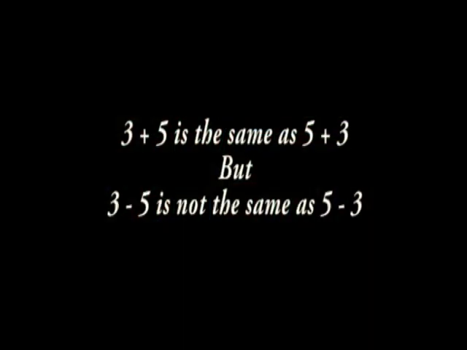We say that addition of numbers is commutative. Please note that this is only true during addition and not subtraction, in that 3 plus 5 is the same as 5 plus 3, but 3 minus 5 is not the same as 5 minus 3.